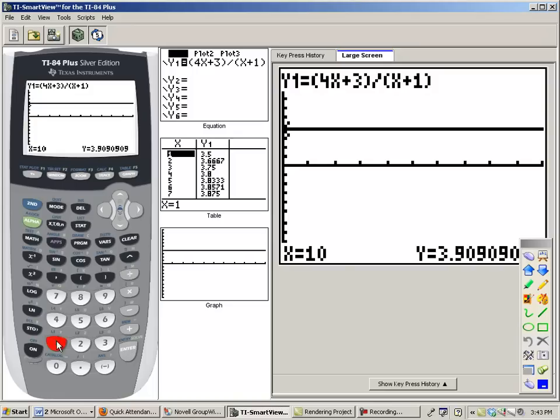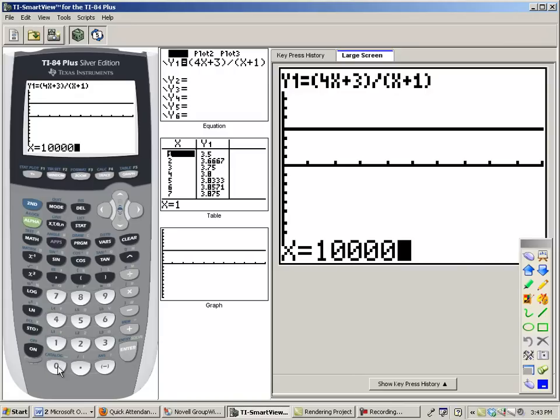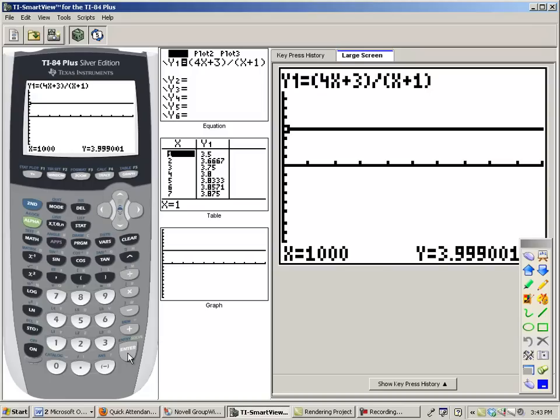If I want 100, we see that you get 3.99. If I want 1,000, we get 3.999. And so our goal is to look at all of these enormous values. The problem is I can't do that without actually changing my window.